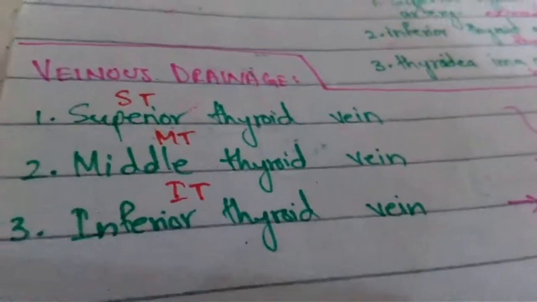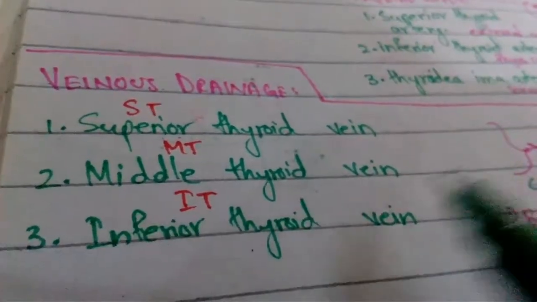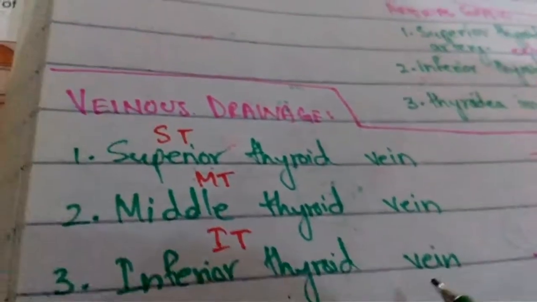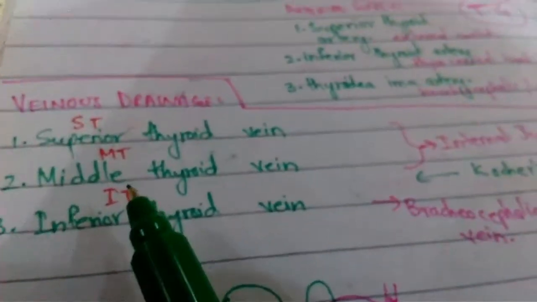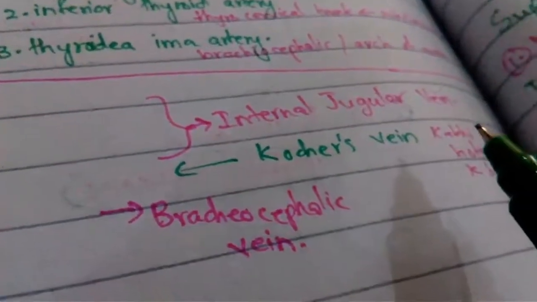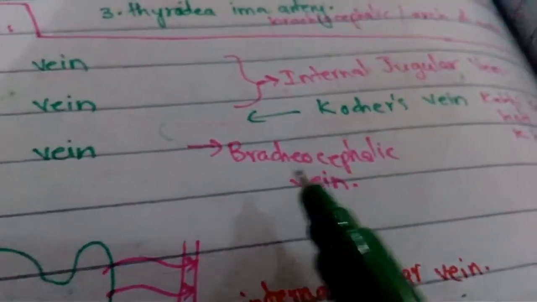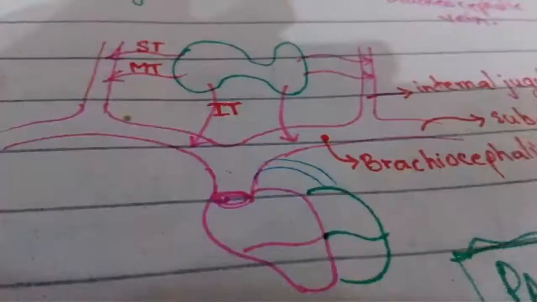Now for the venous drainage, it is the same: superior thyroid vein, middle thyroid vein, and inferior thyroid vein. The superior and middle thyroid veins drain into the internal jugular vein, while the inferior thyroid vein drains into the brachiocephalic vein.